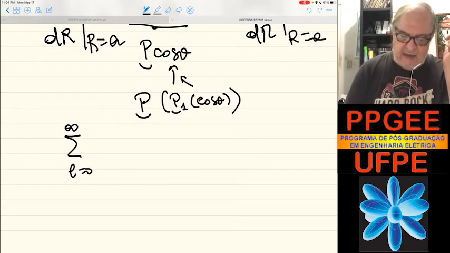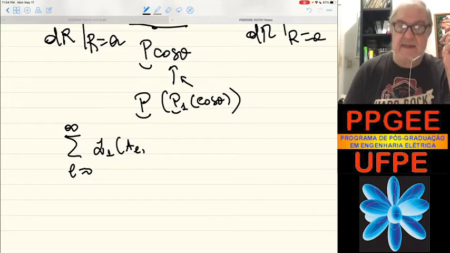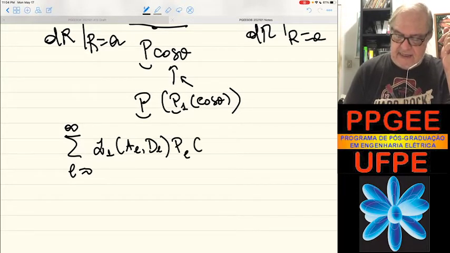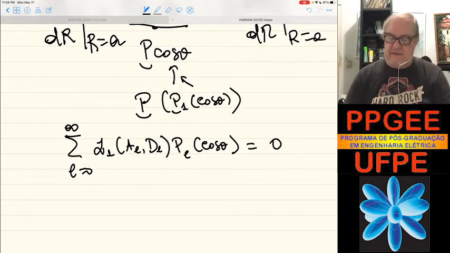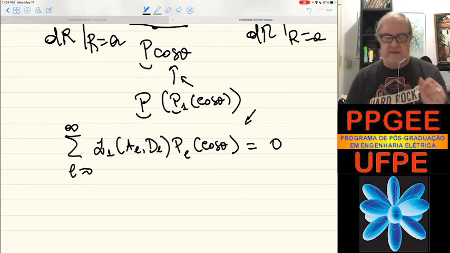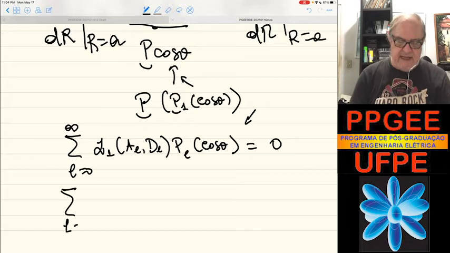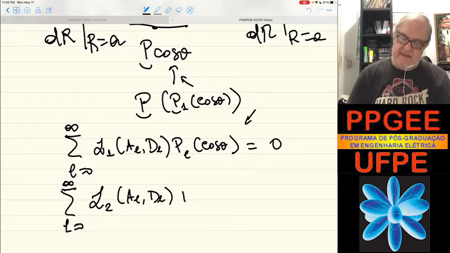So let's say that we have a linear combination, let's call it L1 of AL and DL, times PL cosine theta equals 0. And another combination, this comes from the continuity of the potential. The other combination is a linear combination L2 of AL and DL times PL of cosine theta equals 0.